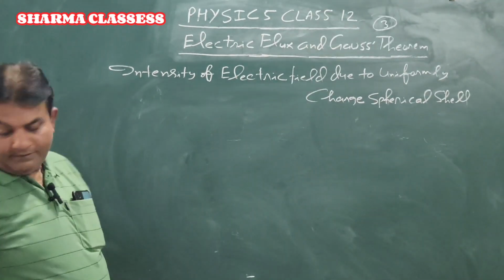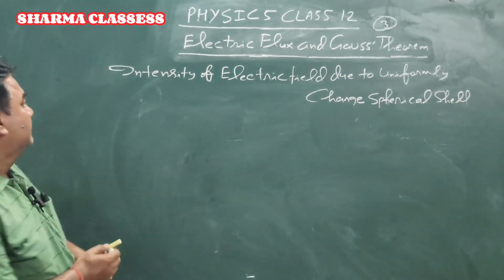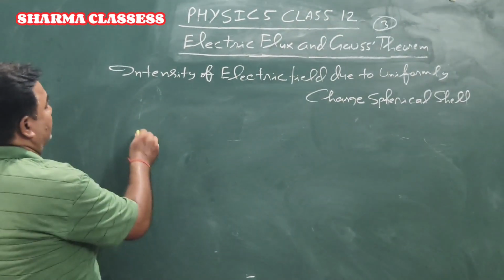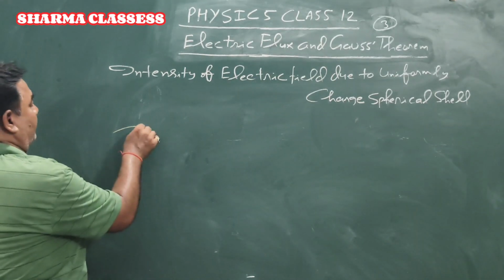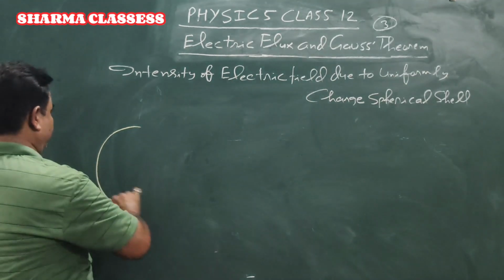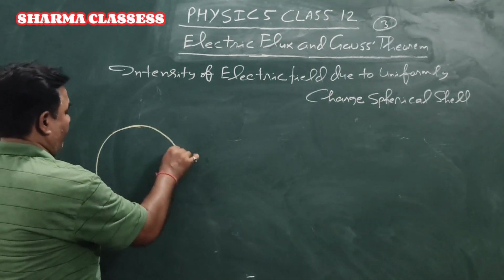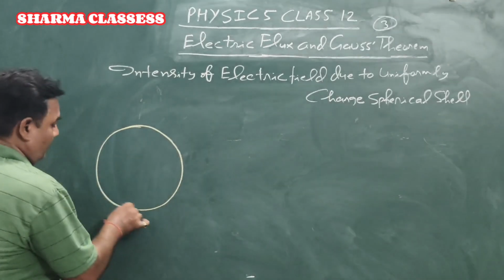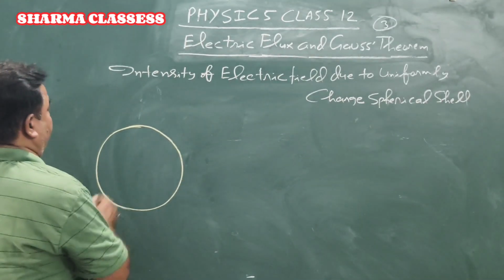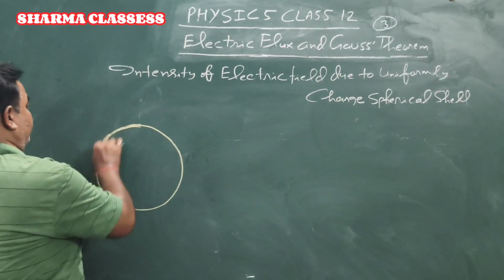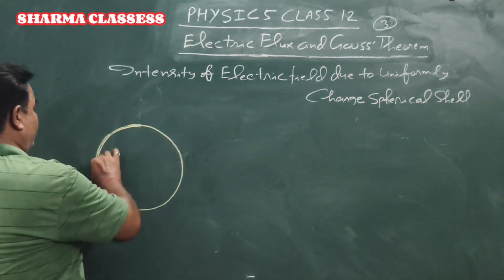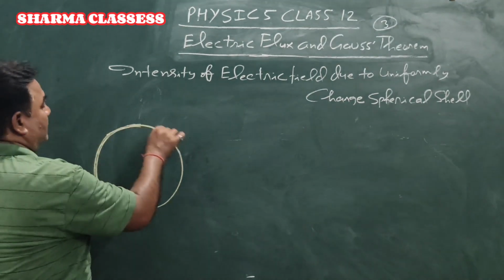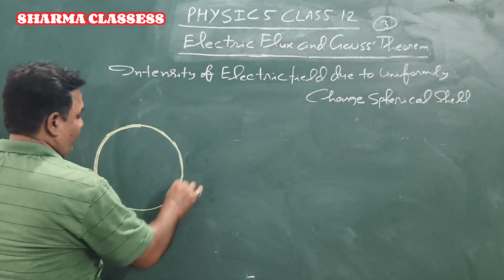Suppose this is a uniformly charged spherical shell. A spherical shell means a hollow sphere. It is given plus Q charge.